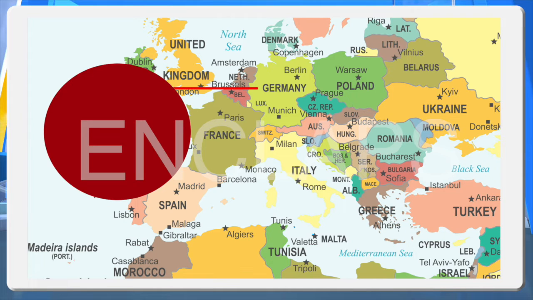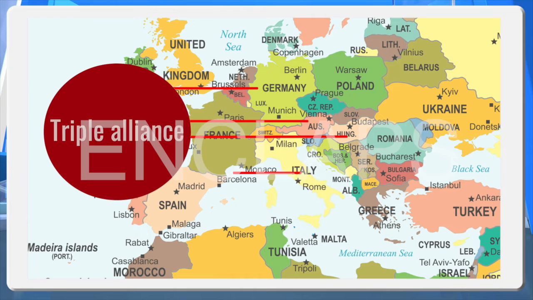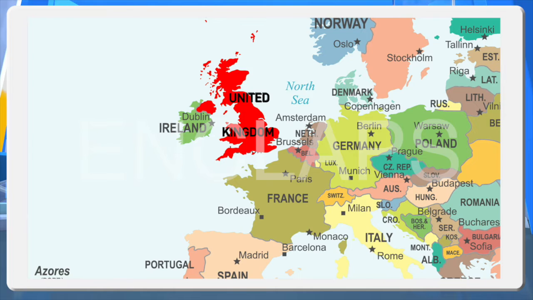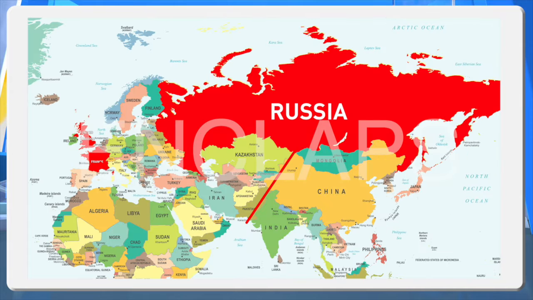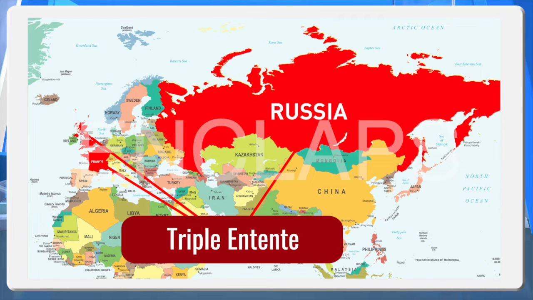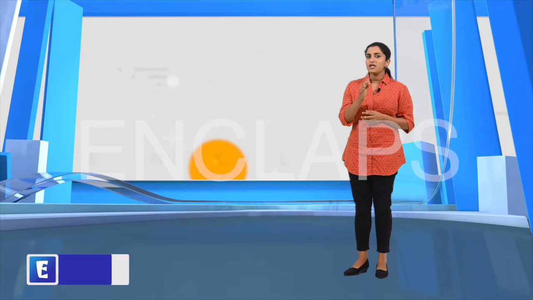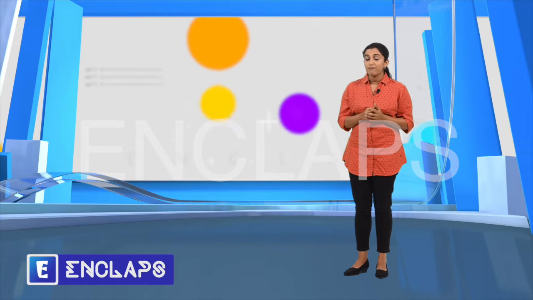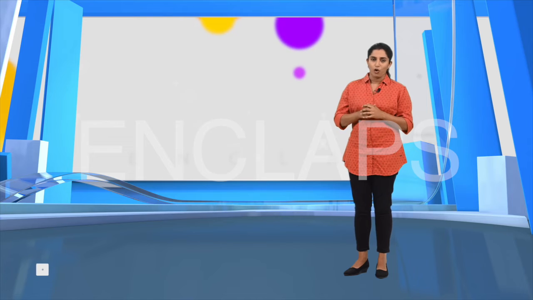The alliance of Germany, Austria-Hungary and Italy was called Triple Alliance, and the alliance between England, France and Russia was called Triple Entente. The formation of these alliances created a war atmosphere in Europe.